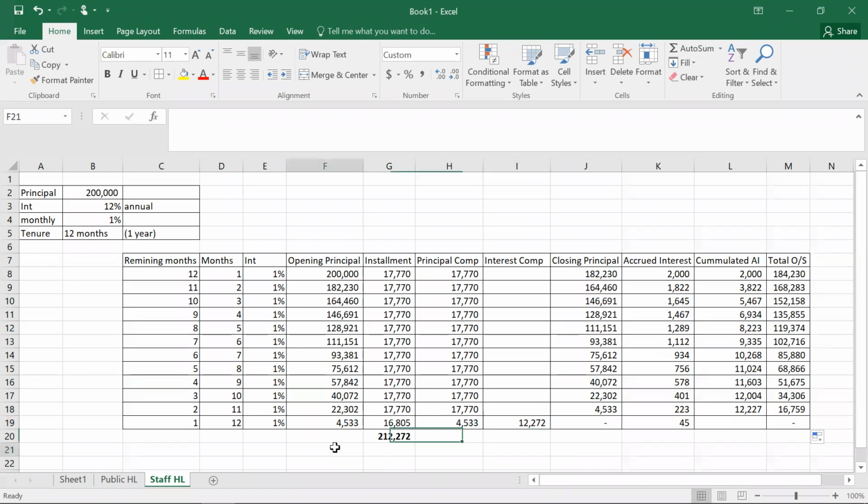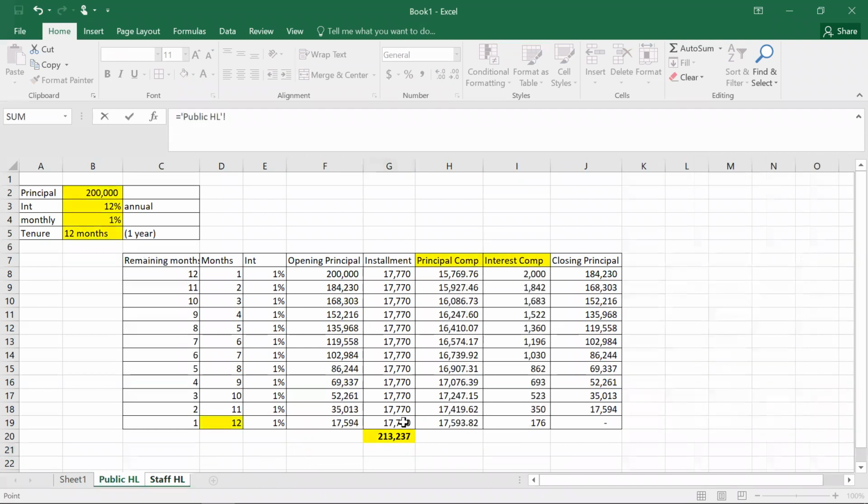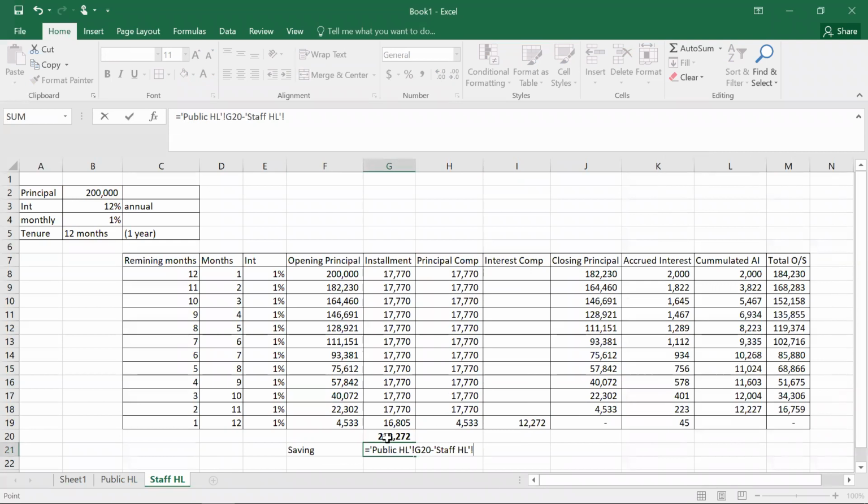And so now we will calculate the saving. The saving for the bank staff is the amount that a normal customer has paid minus the amount that has been paid by the staff. So this is the benefit for the staff. This is an amazing thing that a staff of a bank enjoys. Okay, thanks.